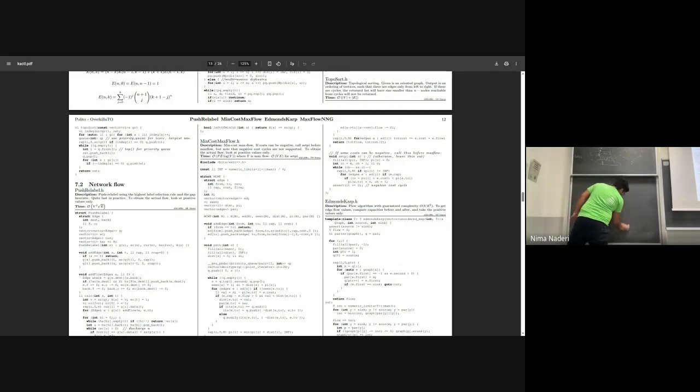We know that we can find an order of putting these nodes in a row such that all of the edges go from left to right. This is topological sorting. The algorithm is there, but it does it with DFS and all the other stuff. So when we have a DAG, we can do the topological sorting.